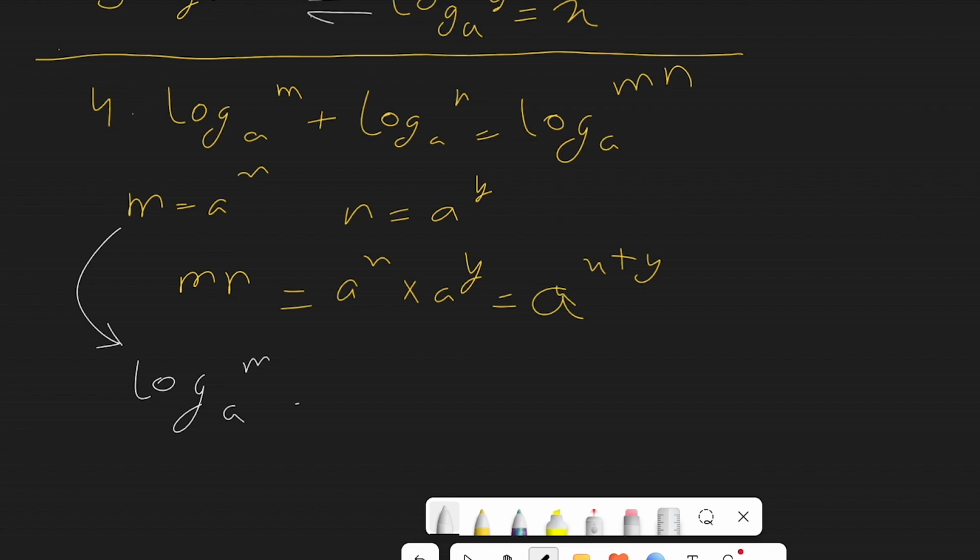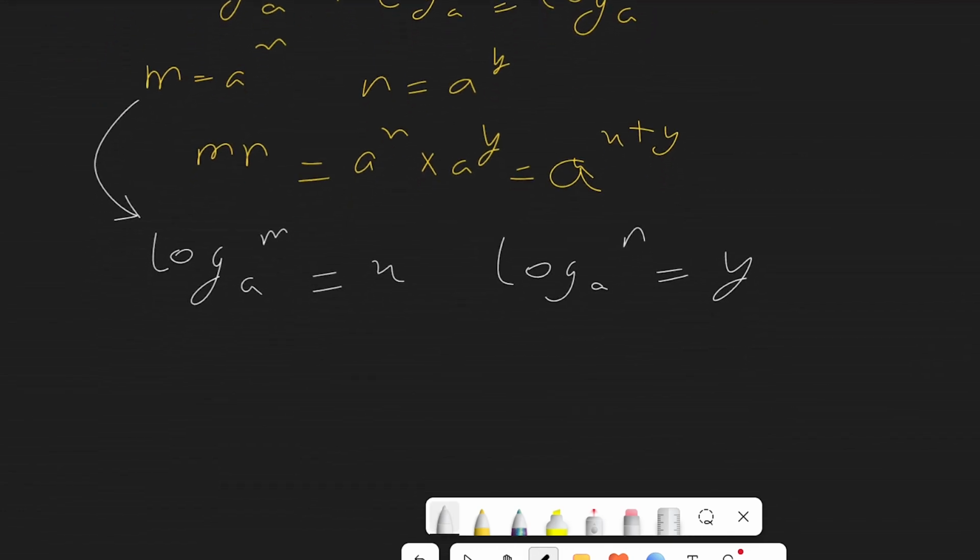And we know that mn is equal to a power x plus y, as we saw over here.